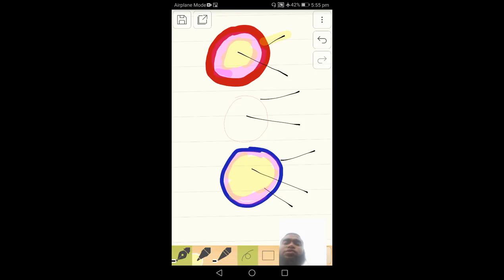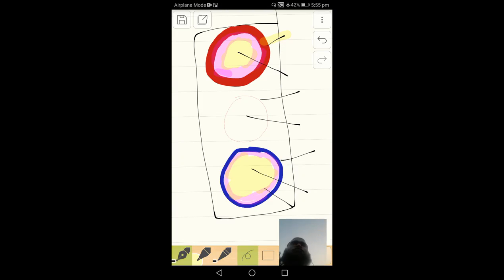So just note down these things. We will get to know later why the artery walls are so thick with a small space, but vein walls are thin with a large amount of space, and why the capillary is one cell thick. So let's start from the part of the heart again. Let's begin.